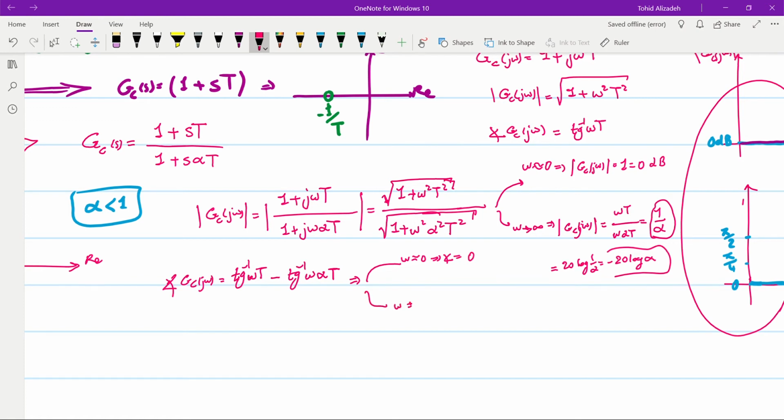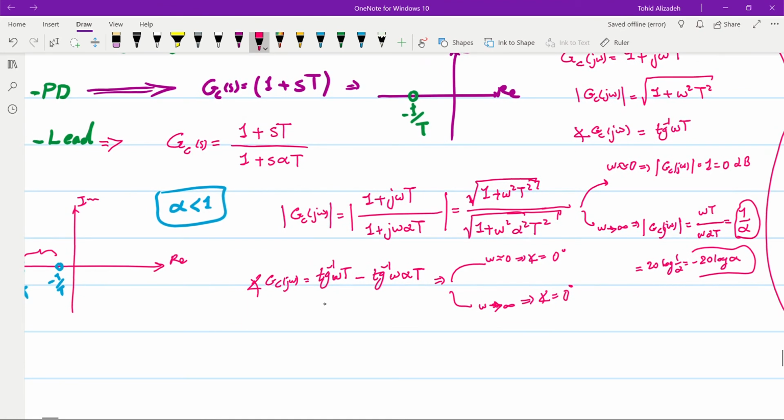As omega goes towards infinity, phase again will go to 0 degrees. And since here we have a zero and then a pole, as omega increases, the phase will start to increase, and eventually it will start to decrease and go back to 0.